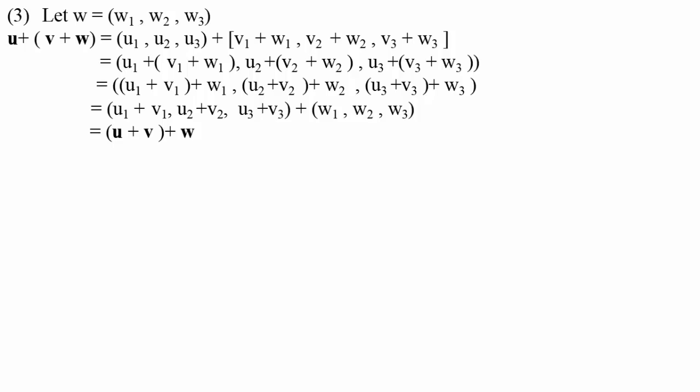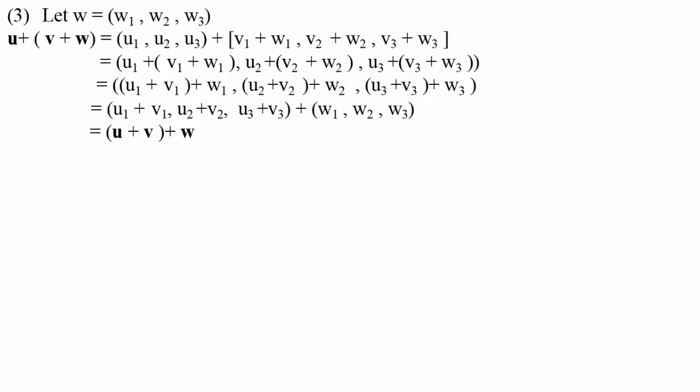Third axiom. For this, we require three vectors. Here we have to check associativity of the addition. Our two vectors are u equal to (u1, u2, u3), v equal to (v1, v2, v3), the two vectors in that set V, and we will take again a third vector w equal to (w1, w2, w3), and we shall show that (u plus v) plus w equal to u plus (v plus w).